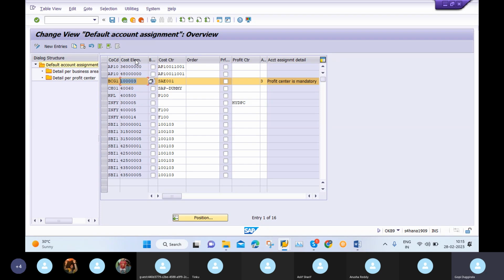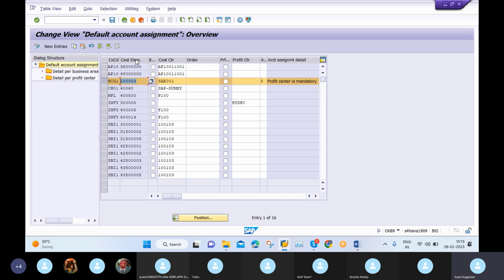But the thing is, both are the same. GL account and cost element both are the same, but called by different names in the finance module and in the controlling module. In the finance module, it is called GL account. Where it comes to the controlling module, it is called cost element. That's it. And cost element, where can you create it in the SAP S4HANA system?